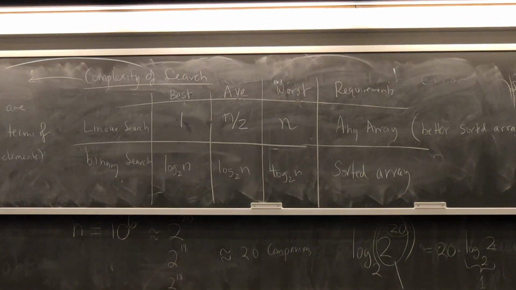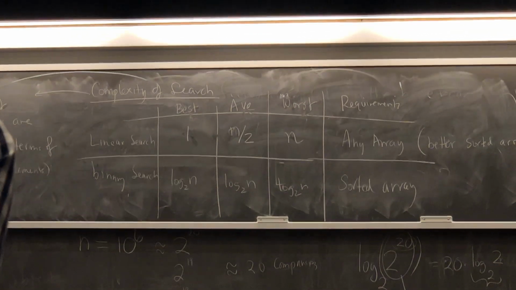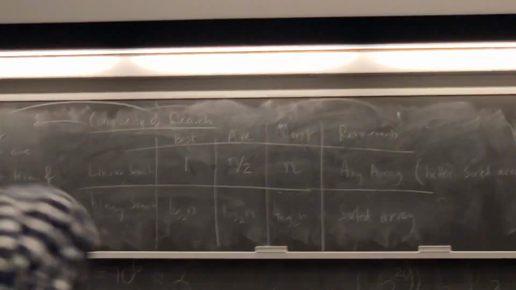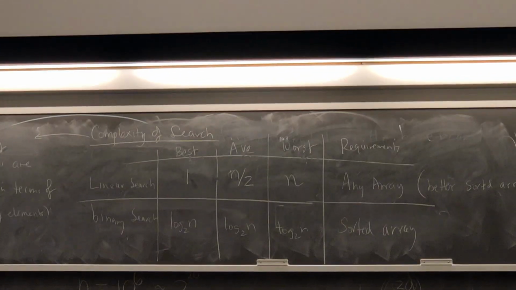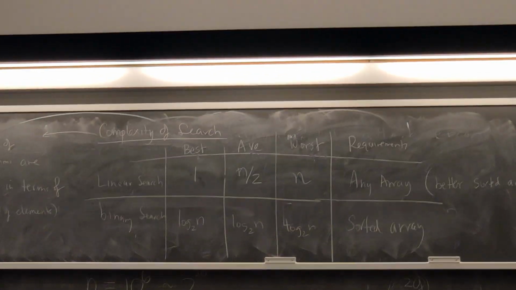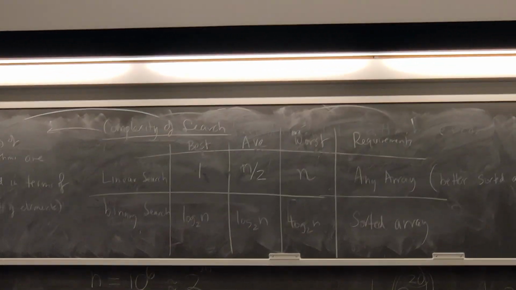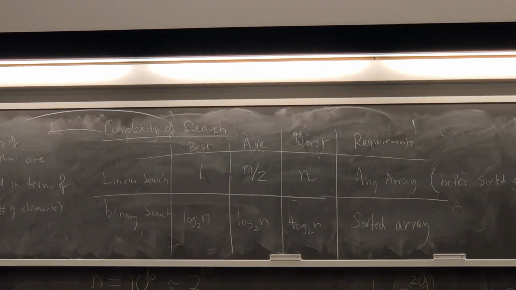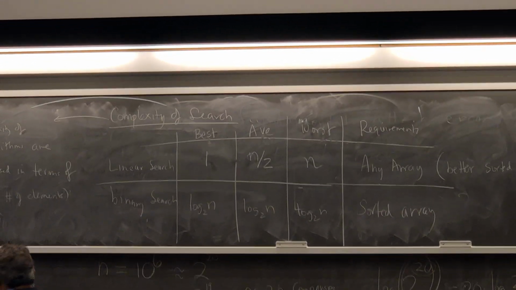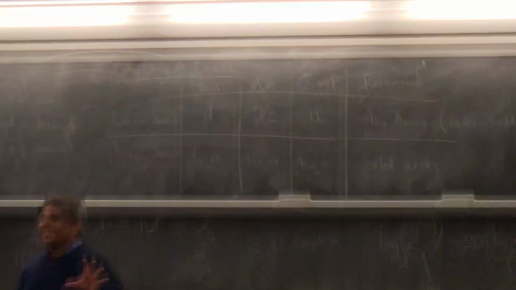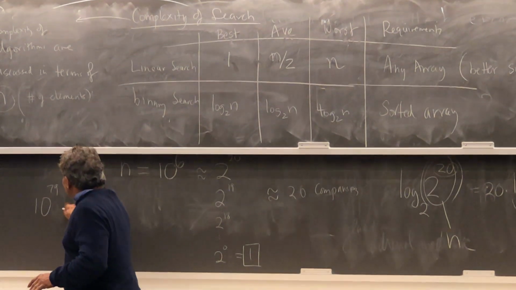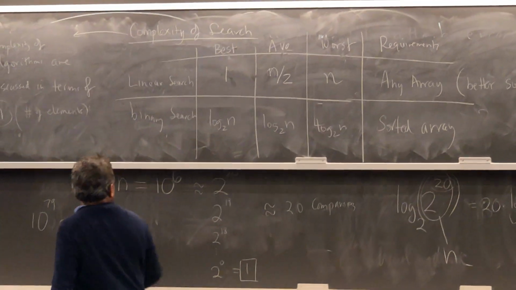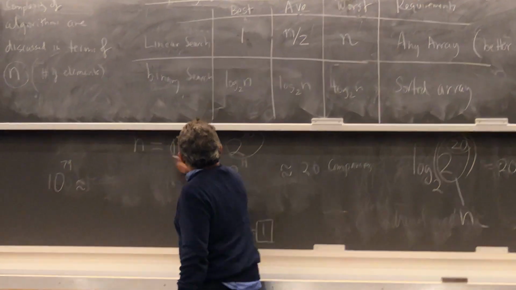Number of atoms in the universe. Yeah, 10 to the 79? Yes, 10 to the 79, okay. So the number of atoms in the universe is 10 to the 79. Well, what is this roughly as a power of 2?